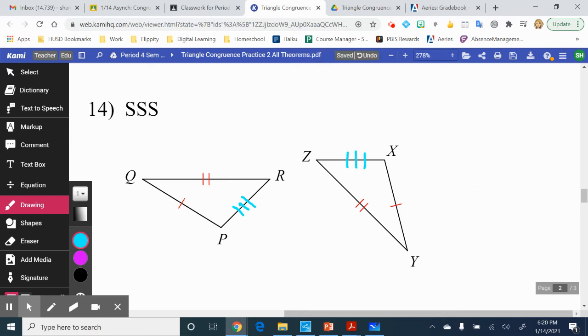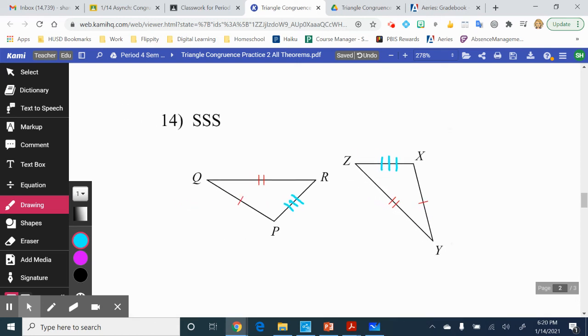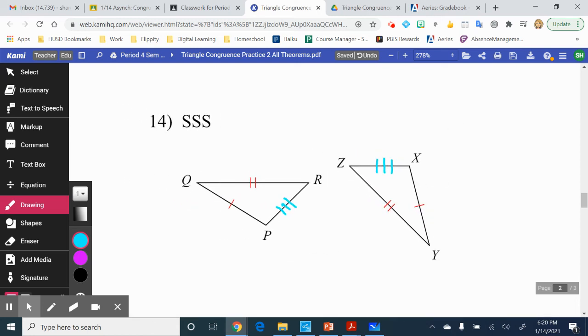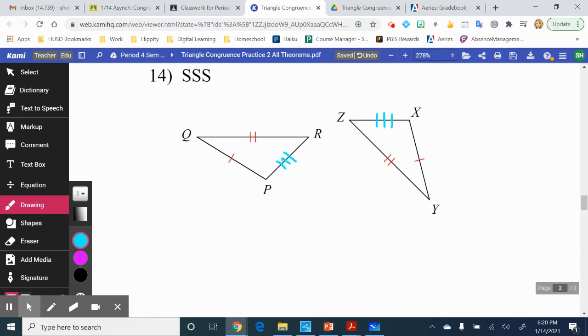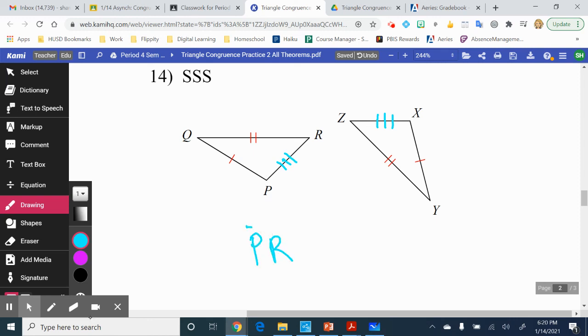So how to write that is you're going to go ahead, move over, okay. So you're going to go ahead and say PR, and remember you put a line over it so you know that it's that segment from P to R. It's going to be congruent, and so P is the same as X. And how do you know that?